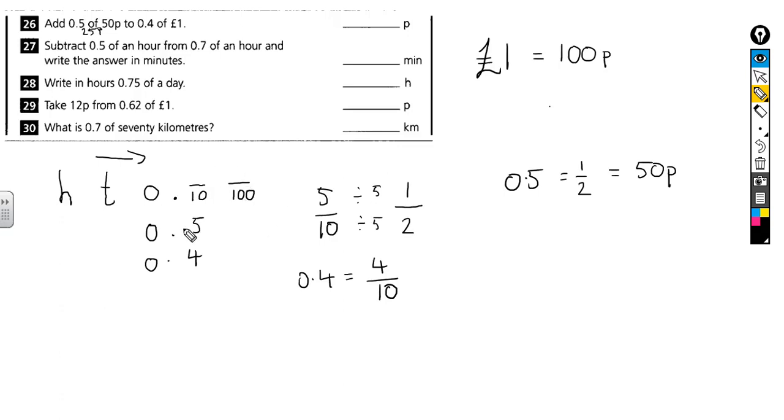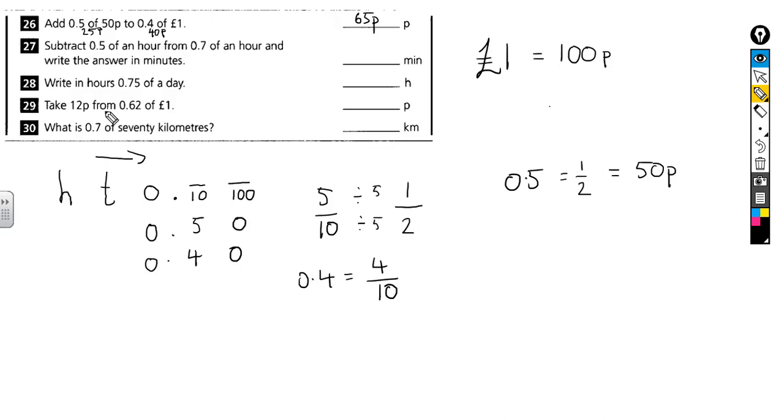If that was 50 hundredths, what would 0.4 be? Well, that would be 40 hundredths. So 0.4 of £1 is 40 pence. Okay, so we have 25p add 40p, and that gives us a grand total of 65p.